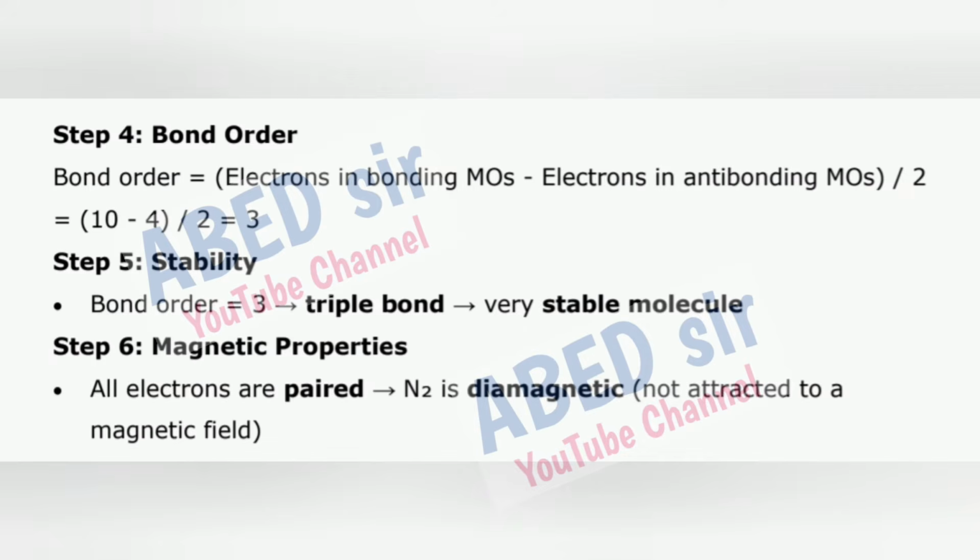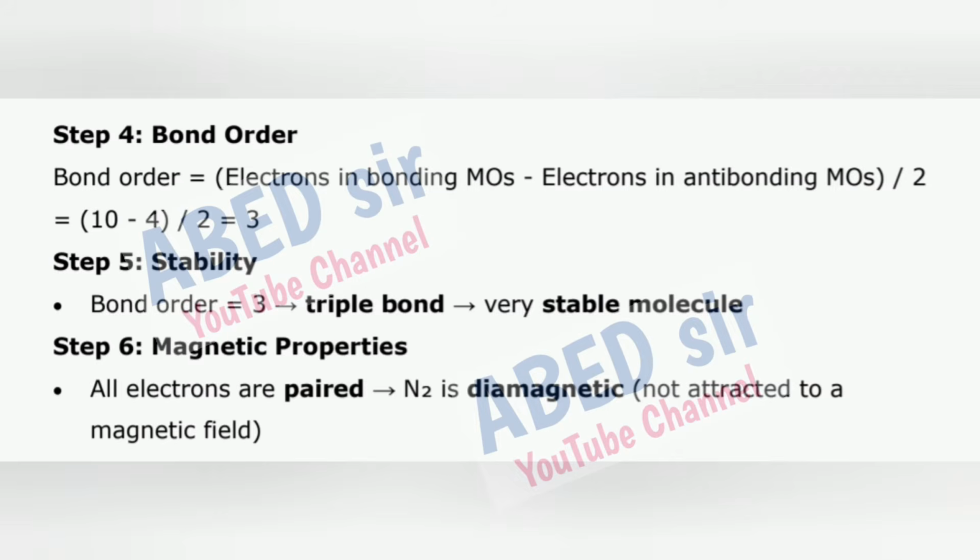Step 4: bond order. Bond order equals electrons in bonding MOs minus electrons in antibonding MOs, divided by 2, equals (10 minus 4) divided by 2, equals 3. Step 5: stability. Bond order 3, a triple bond, so a very stable molecule. Step 6: magnetic properties.